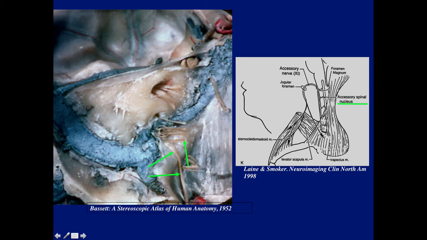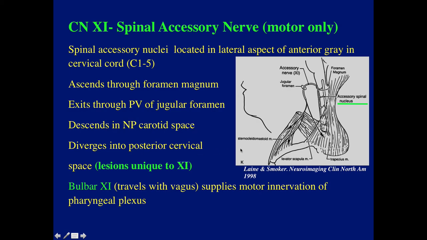So again, here's the nerve coming up, goes through the foramen magnum and into the jugular foramen, and it joins the special branch called the bulbar 11, which travels with the vagus and supplies the pharyngeal plexus.